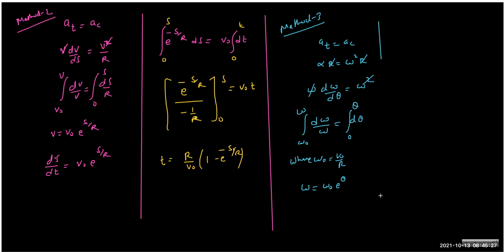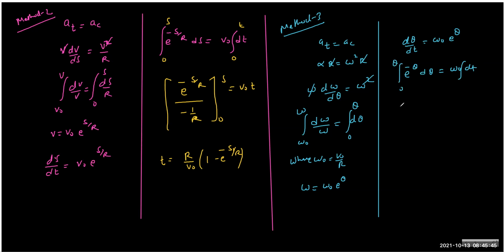And for the time relation, you have to go one step ahead. The omega we can write as d theta by dt, and if you bring e theta to this side, it becomes like this. And if you integrate, it's the same thing. So the t will be 1 by omega naught.